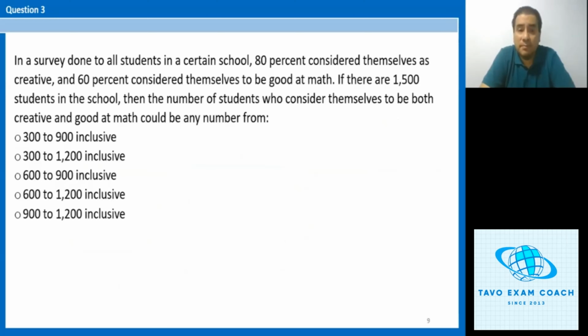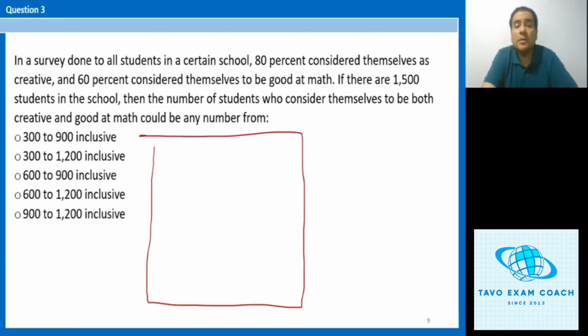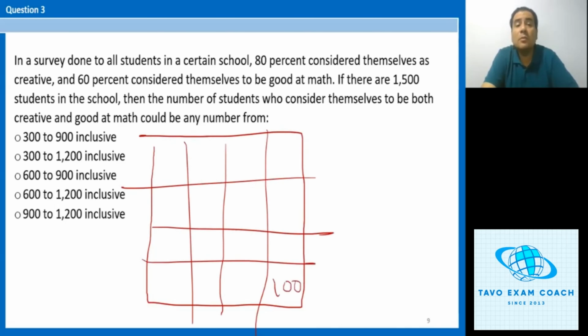This is very interesting. Here it says that there are two characteristics in this group of people. We have people who consider themselves creative, consider themselves good at math, and so we can use this as our intersecting characteristics. Here we can use the C standing for creative, and the negation of that, those who don't consider themselves creative, M for math, and those who don't.